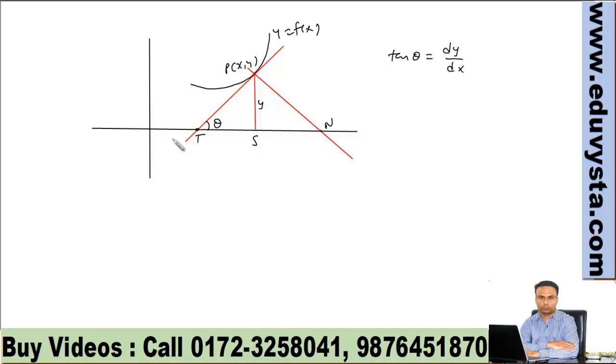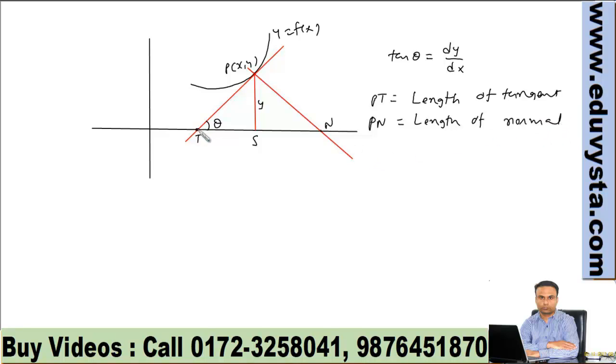Now in this diagram, this length PT is called the length of tangent. Then what will be the length of normal? Obviously this PN. This PN is called the length of normal. Now what is this ST?